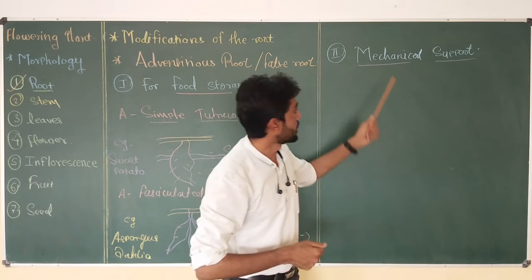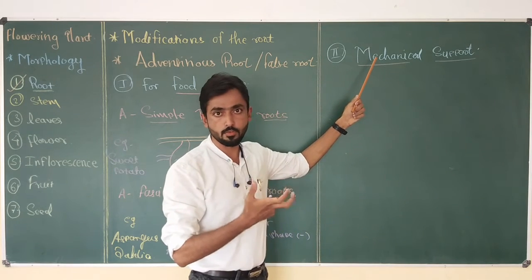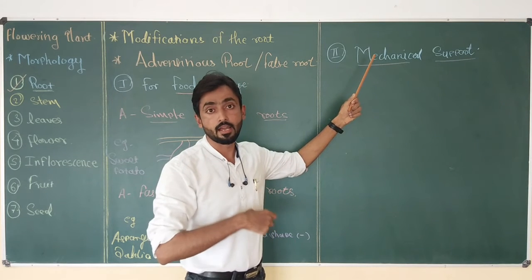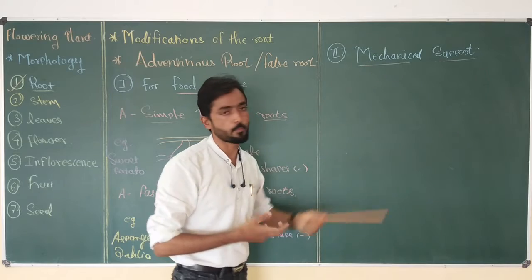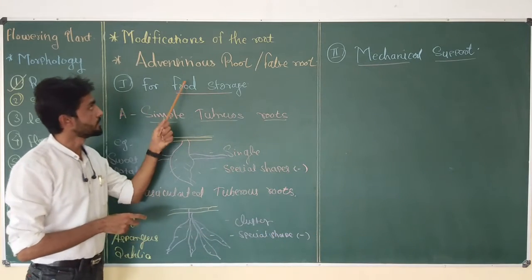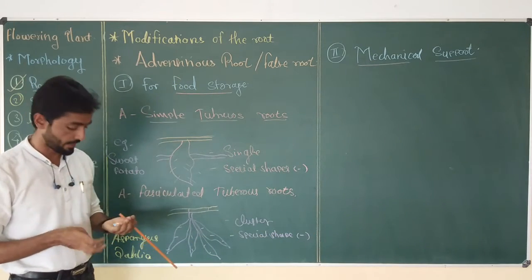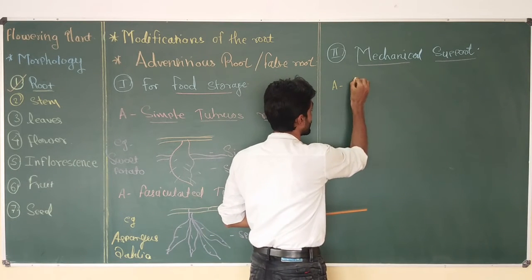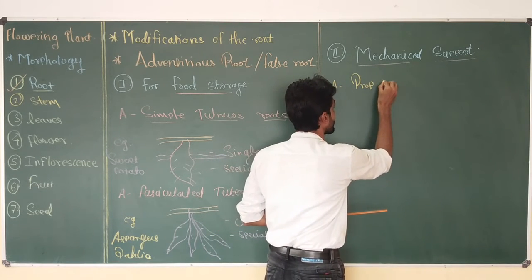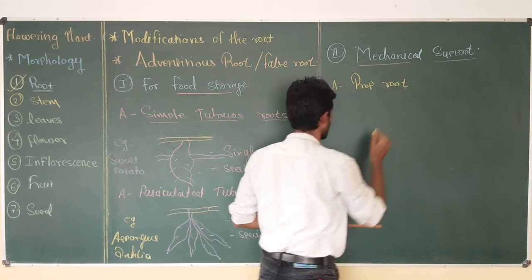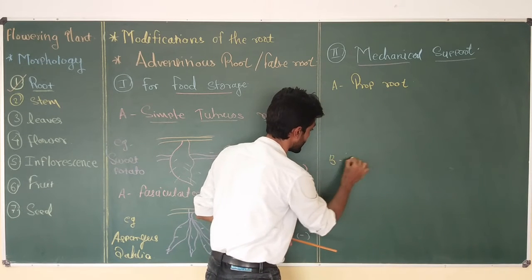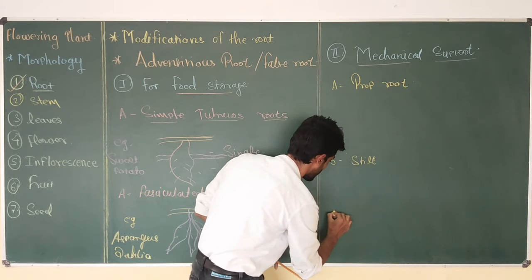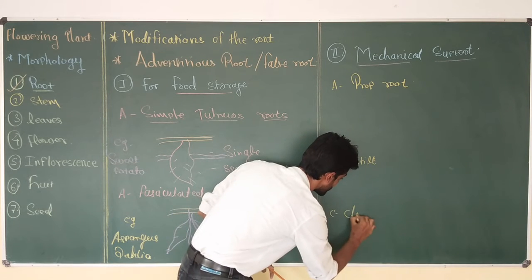So when adventitious root gives support to the plant body, in that case the root gets modified. There are three types of modifications found in the adventitious root for mechanical support, which are: number one, prop root; number two, stilt root; and number three, climbing roots.